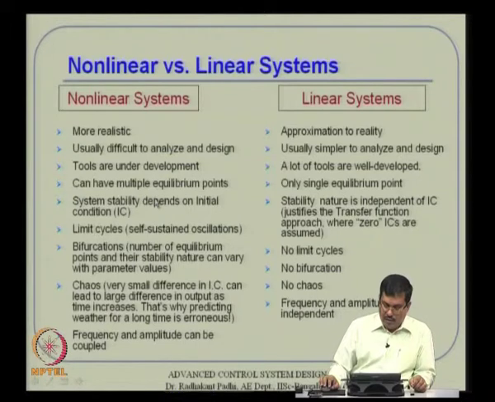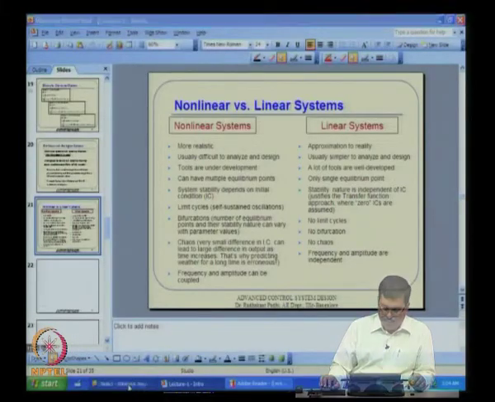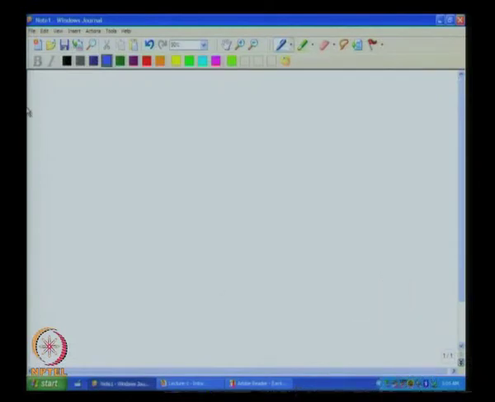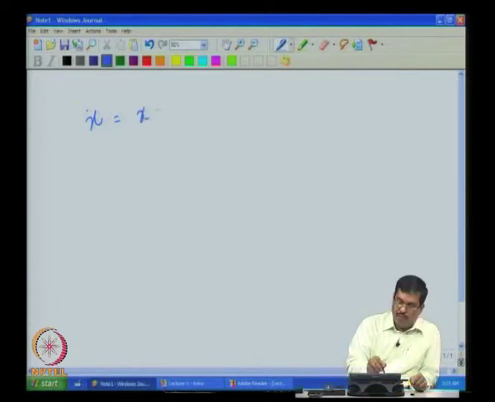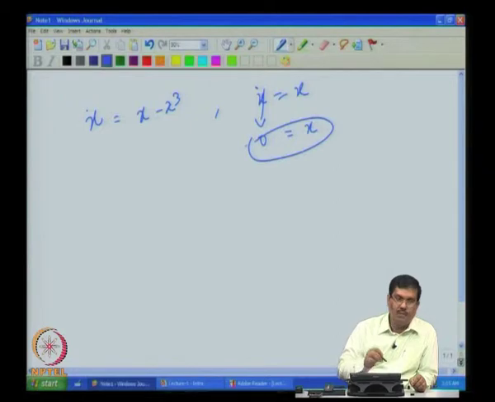Let us see that in an example. Let us discuss something like x dot equal to x minus x cube. It is a very standard example anyway. If you talk about equilibrium point, linearization of this system will be something like x dot equal to x, about x equal to 0. Here if you put it to 0, then the only solution is x equal to 0. So, that is the only equilibrium point I can have here.